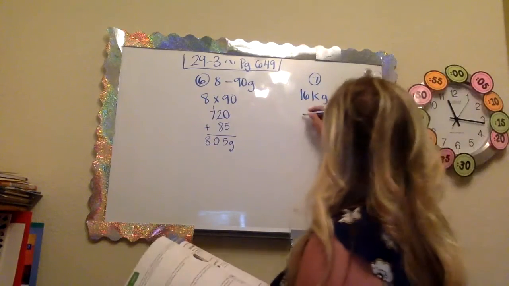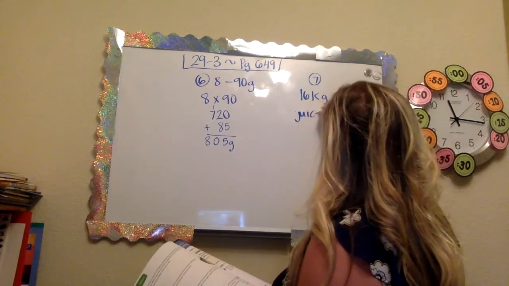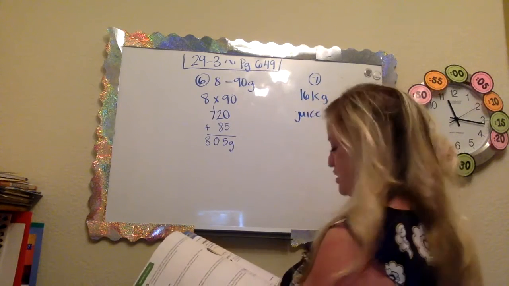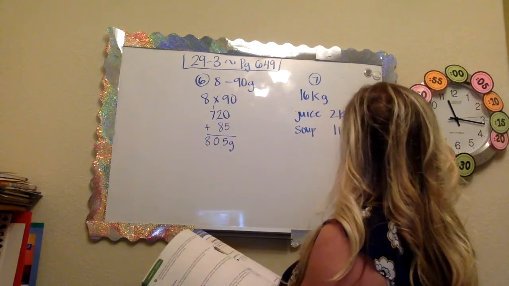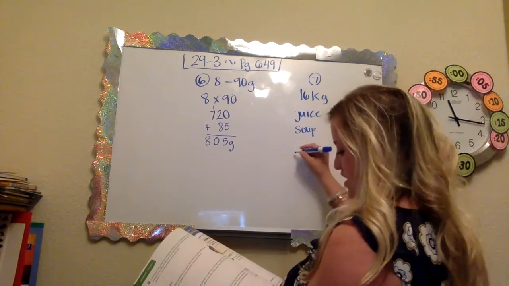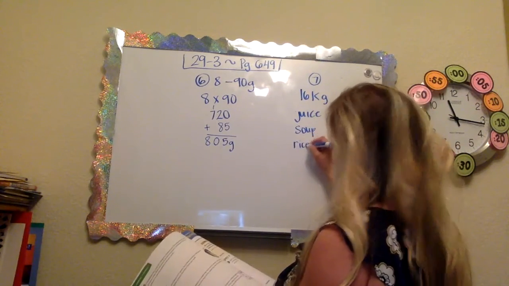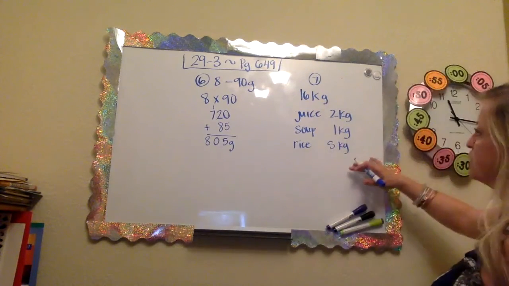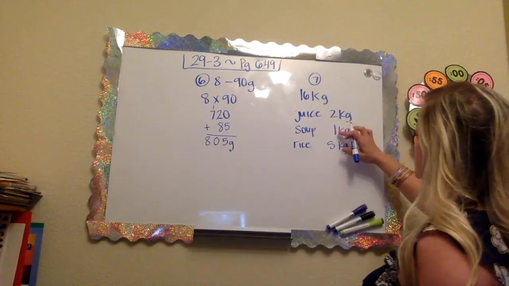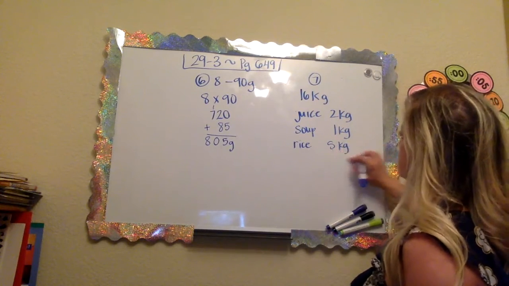So the juice is 2 kilograms. The soup is 1 kilogram. And the rice is 5 kilograms. So even if I just have one of all of these, I have 2 plus 1 is 3, 3 plus 5 is 8.